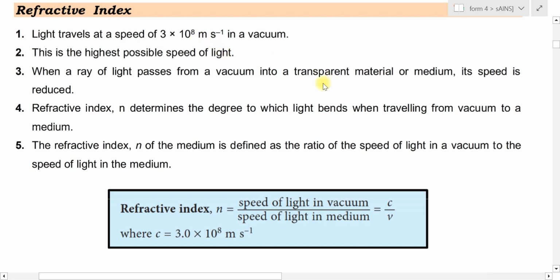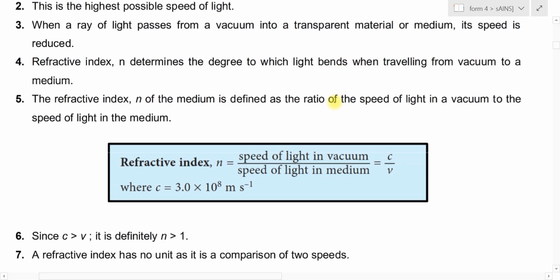Kalau dia termasuk ke dalam medium lain, if it's enter another different medium, of course the speed will reduce. Refractive index n determine the degree to which light bends when travelling from vacuum to a medium. Refractive index ni satu measurement di mana kita buat sejauh manakah light itu bend. The light is bending when it's travel from the vacuum to a specific medium.